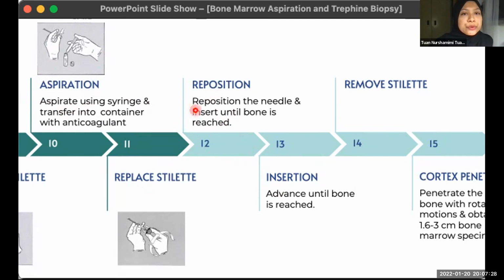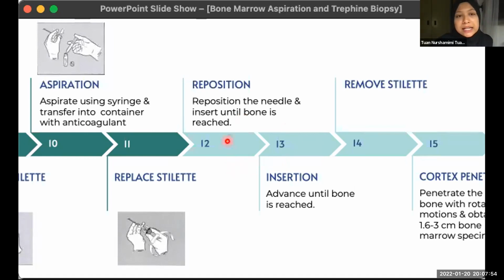So when you reinsert the needle, you want to insert in the same skin incision, but you want to reposition the needle, because the earlier part of bone marrow you already aspirated, so you don't want to do biopsy on the same part of bone marrow. So you want to avoid having aspiration artifact.